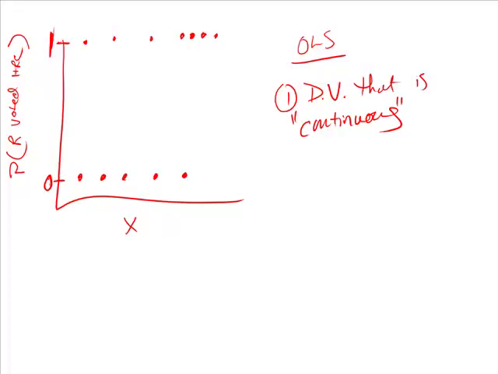Anybody have a problem with this? What, Joey, you don't think there's a slope? So what Joey's saying is that the best line is going to be like this? You don't think so?